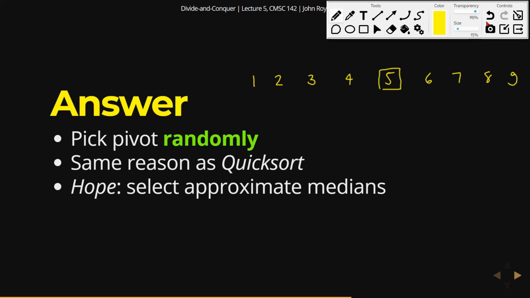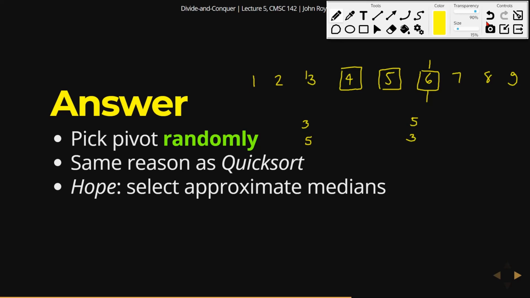Because on the left there's 4, on the right there's 4. But if we get 4 as our pivot, 4 is still good enough, because 4 will give you 3 versus 5, which is more or less still balanced. Same with 6, right? 6 will give you a division of 5 here and 3 here, because 1, 2, 3, 4, 5, and then 7, 8, 9, which is again still good enough.